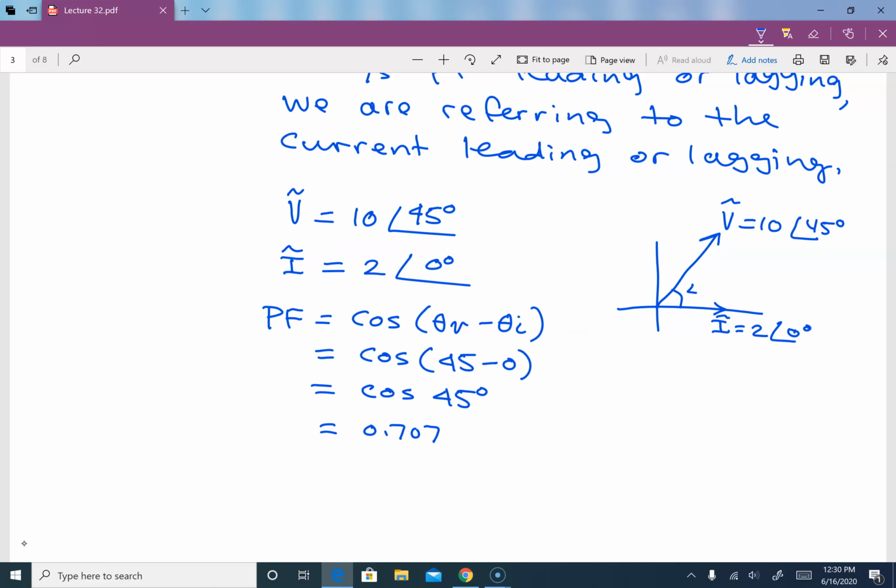So the difference here is 45 degrees. So I is behind, then we will say lagging. All the time this lagging or leading corresponds to the current, okay?